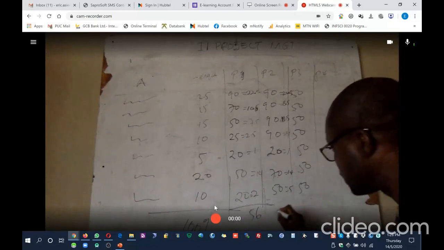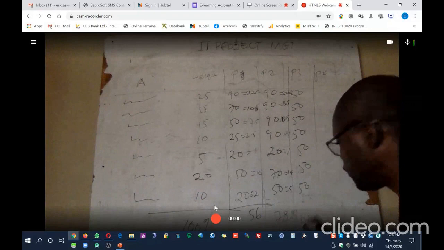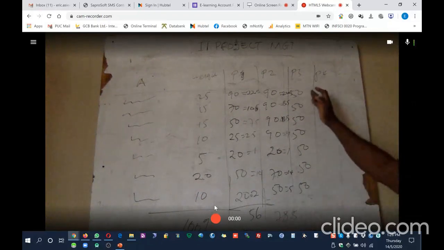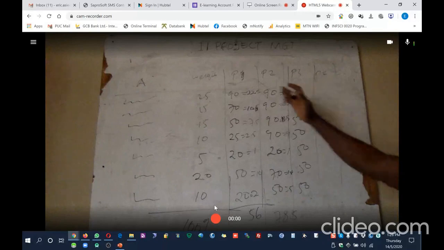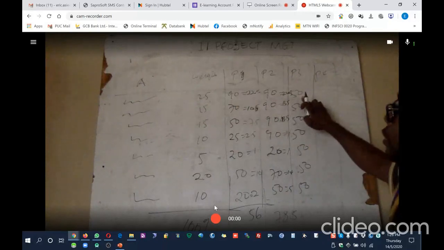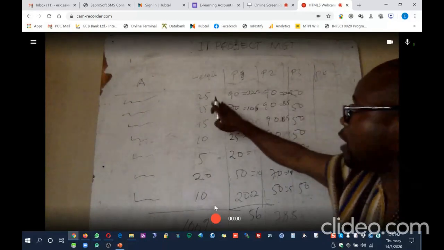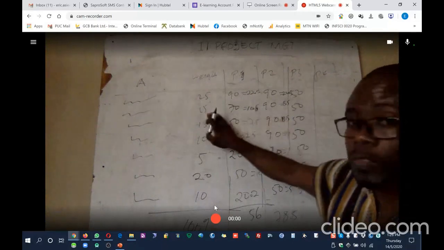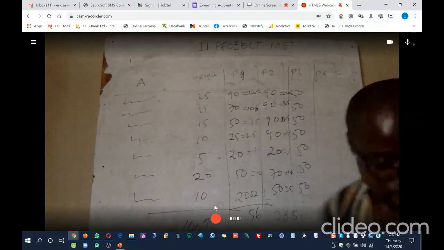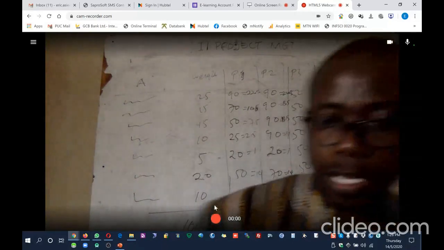So that becomes 78.5. And the calculation goes on. As for this one, it is very straightforward. It is half of each, 50% of 25, 50% of 15. So we just do that, and you can do that at home.